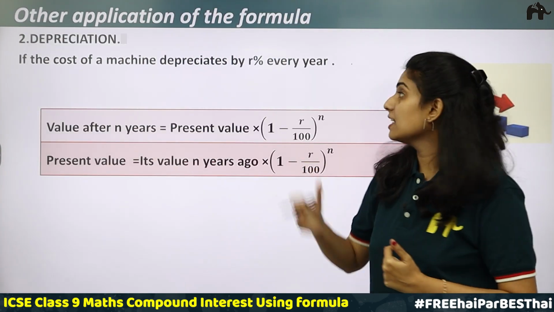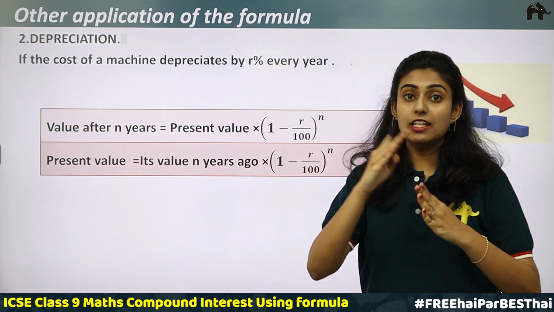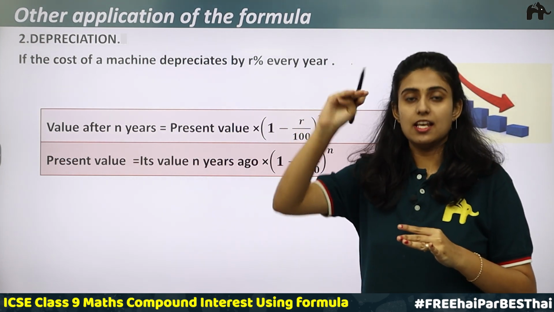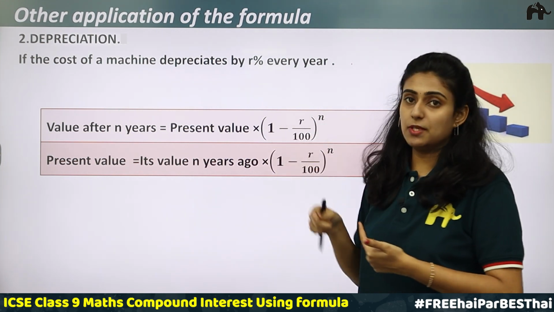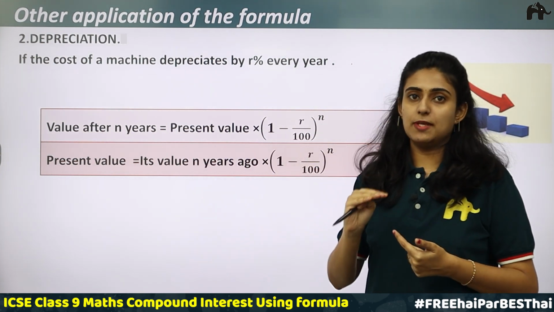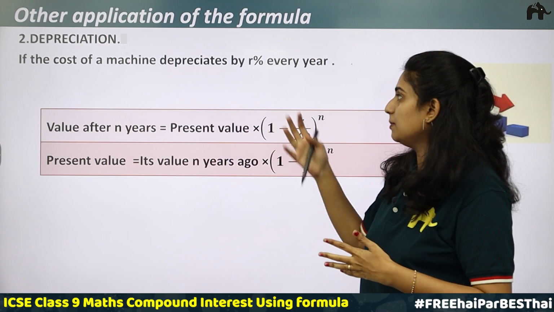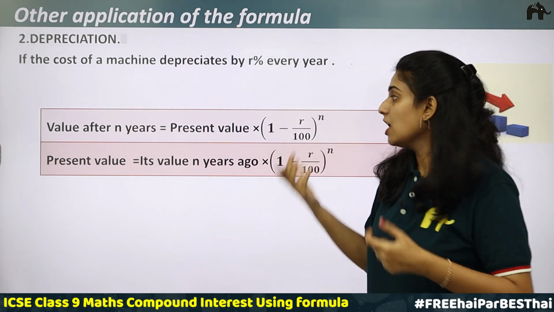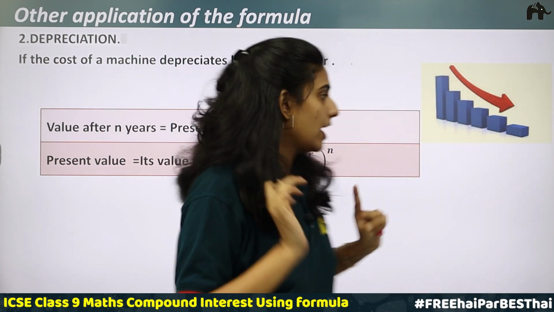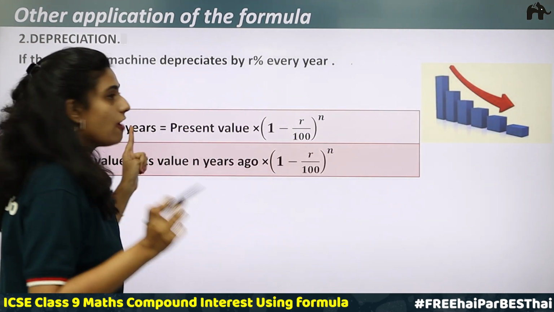So, second is depreciation. Depreciation means in case of growth, we said there is an increase. Depreciation means there will be a decrease with a rate percentage. According to this rate percentage, there will be a decrease. For example, if the cost of a machine depreciates by R percent every year. So here again you will have the formula to find the value after n years.